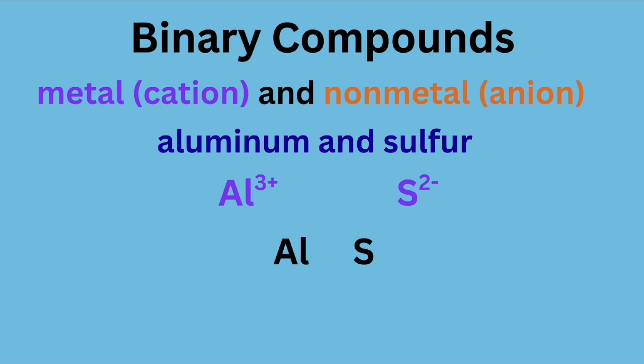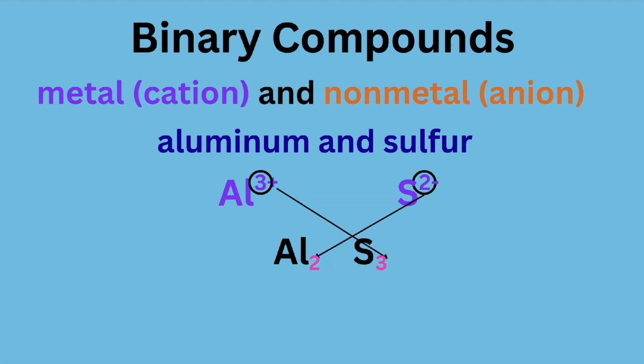So swap and drop. Okay, so we're just going to write down the numbers that are our charges currently and make them subscripts. You're going to swap the 2 from the sulfur and make it the 2 for aluminum, and the 3 from aluminum to go with the sulfur.